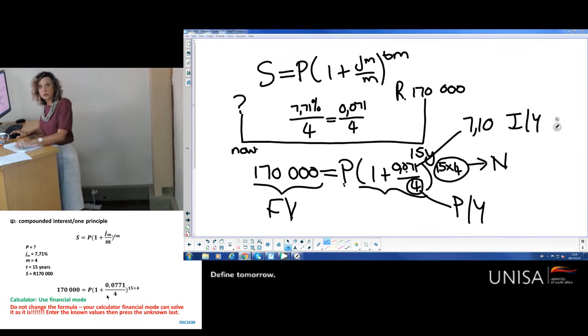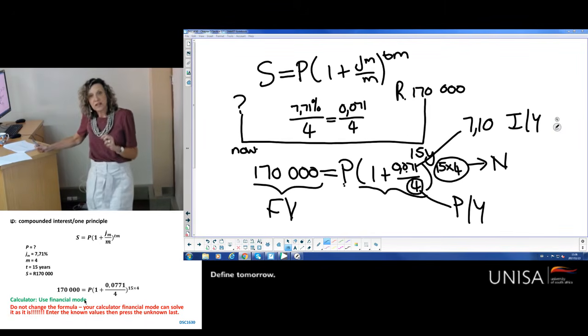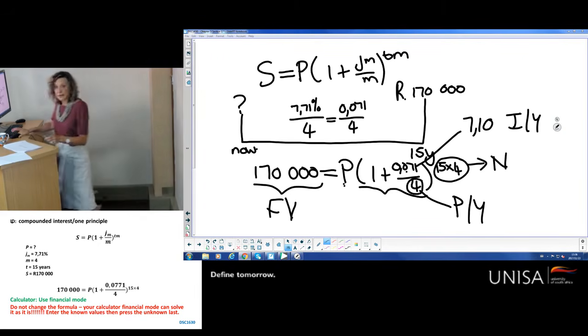So there we've got compound interest, we've got principal, we've got all our values, and we use our financial mode. Guys, you can use a normal calculator, but it will take a lot of time, especially in the exam. So I would recommend that you buy a financial calculator.